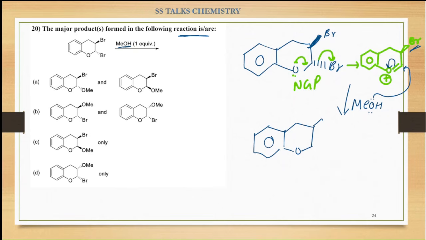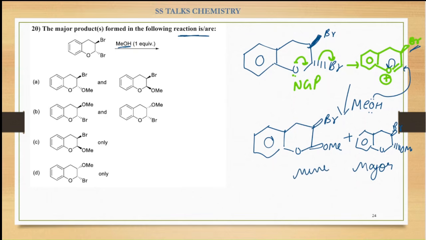Here the bromine position is fixed, but the methanol species that is coming can come from the above plane, and along with that it can also come from the bottom plane as well. That means from the dash plane also the attack is possible. No doubt the major one is this one, and this one is going to be the minor one because of the hindrance that is present over here.